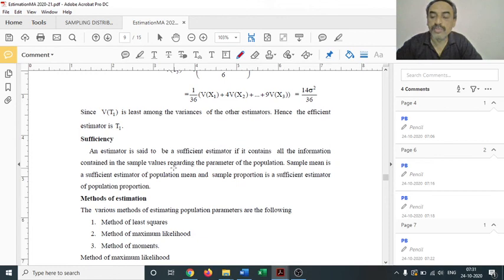If no information is lost for estimating the parameter, then we can say this estimator is sufficient.